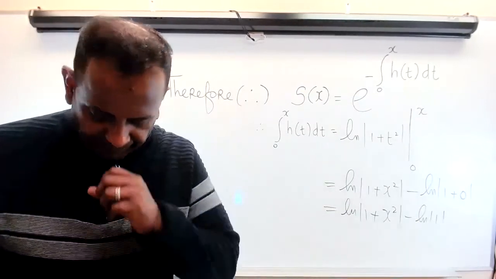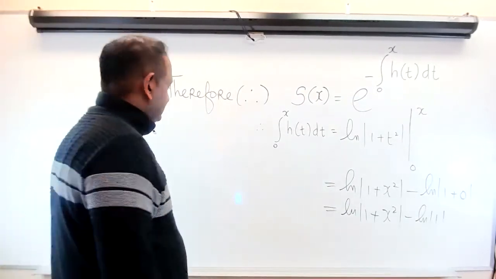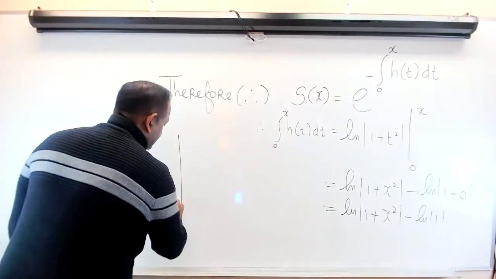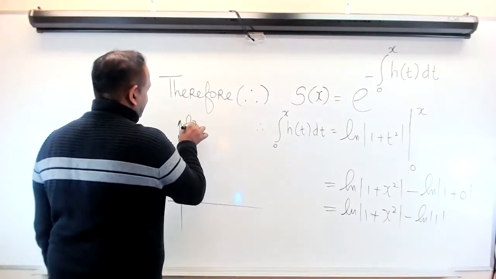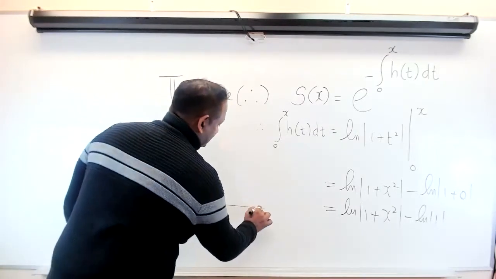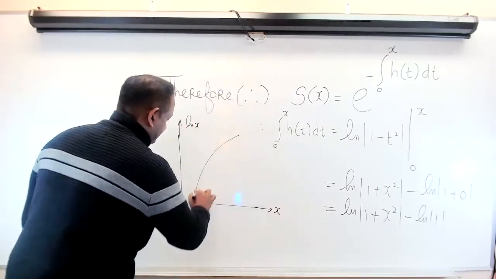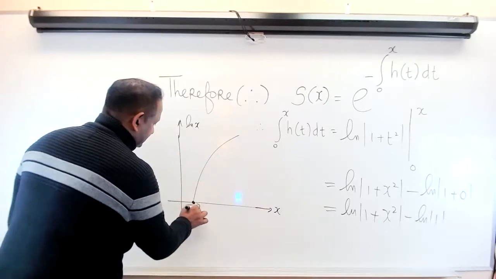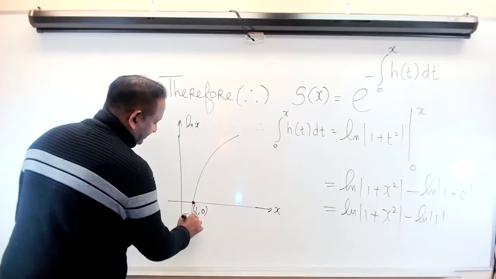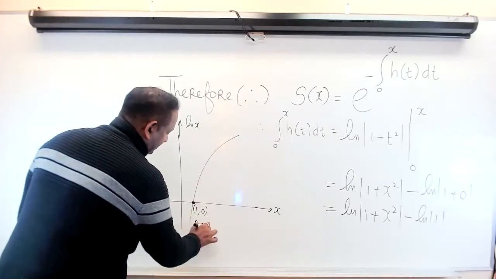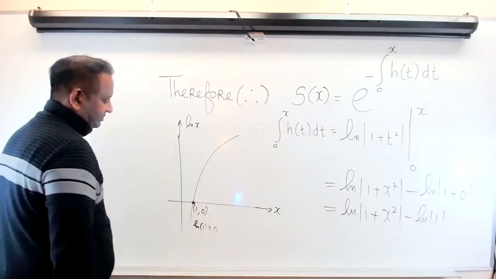ln 1 is, you can remember the graph. The log graph is ln x, and the graph looks like this. This is the point 1 comma 0, so ln 1 equals 0.